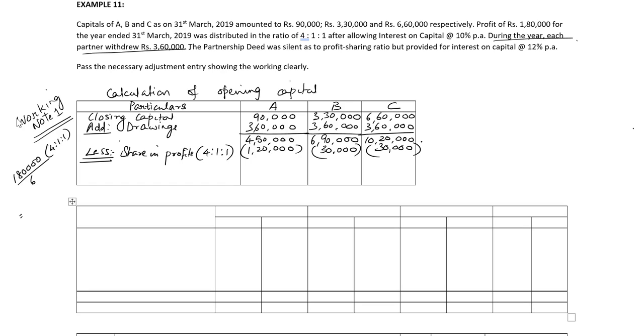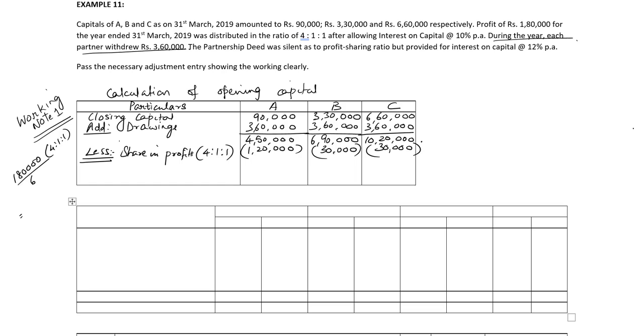Now to get our opening capital, we need to deduct the interest on capital of 10%. But to get the interest on capital at 10%, we need the opening capital. So we can't get either one without the other.